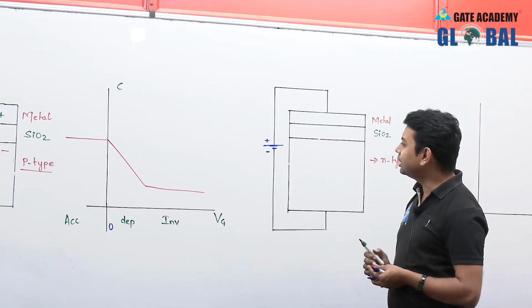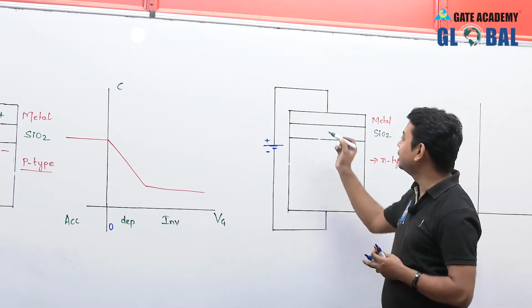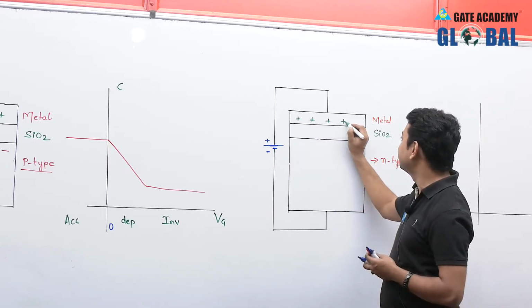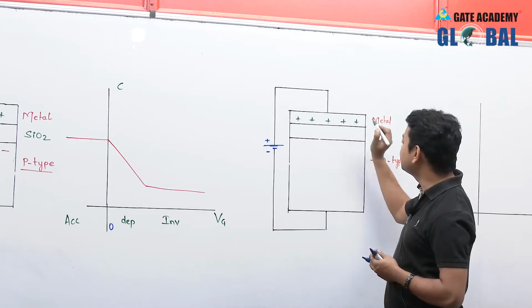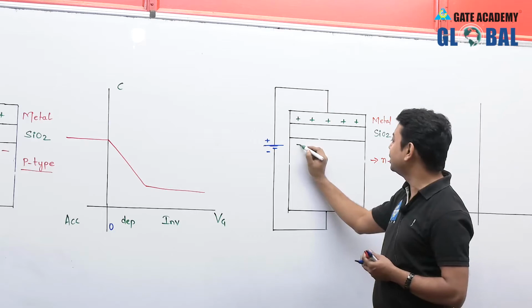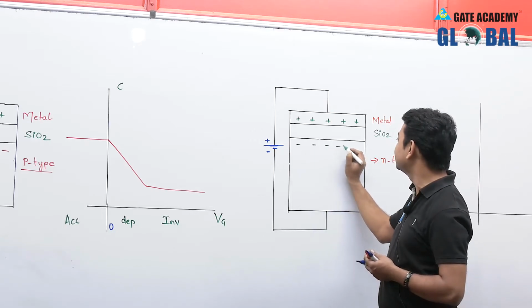So if you are applying a positive voltage on the metal side, it will have a positive charge. And because of these positive charges only, the electrons will get accumulated in this region.